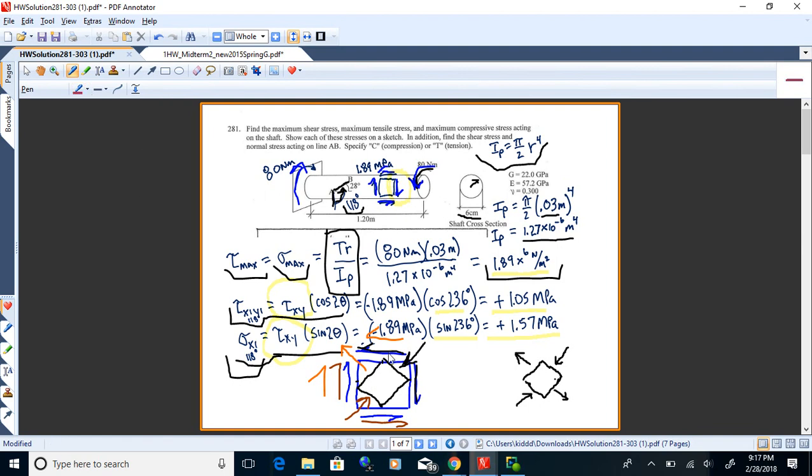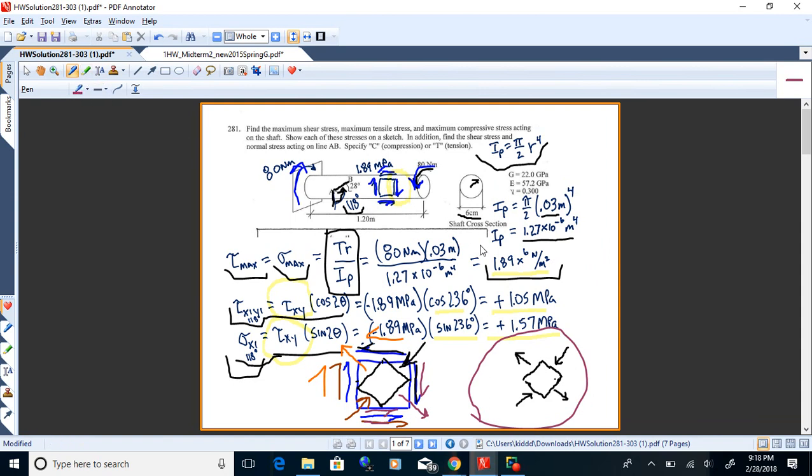And then the last one, down. I'm running out of room here. I'll sneak it in up here on top there, to the right. So on this plane, down and to the right, tension. So I end up with this element here, and the magnitudes are 1.89 times 10 to the 6, shown right there. I don't have my pen with me, actually.